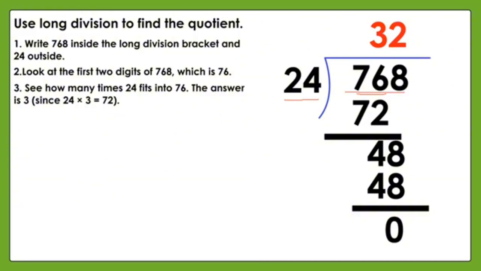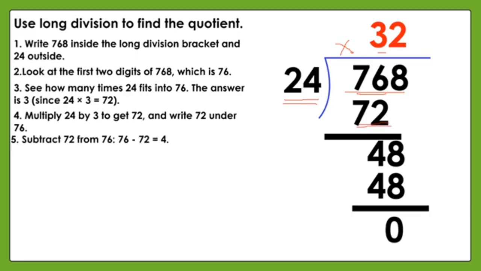The answer is 3. Then, 24 times 3 is equal to 72. Fourth, multiply 24 by 3 to get 72. And fifth, subtract 72 from 76. So therefore, 76 minus 72 is equal to 4.